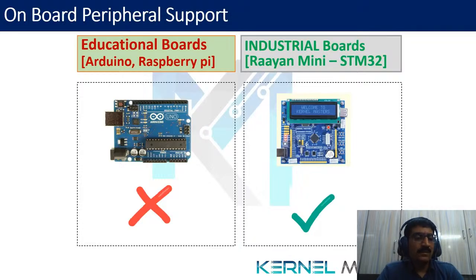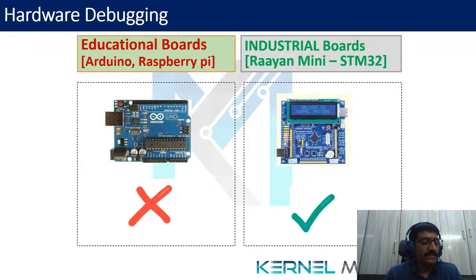So now we are discussing the difference between the education boards and the industrial boards. One point is that debugging is very important.